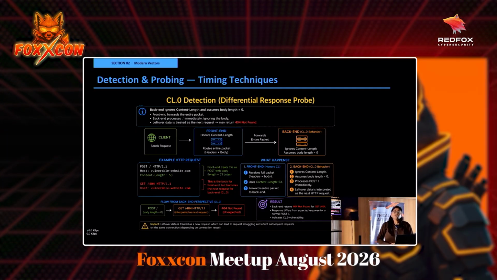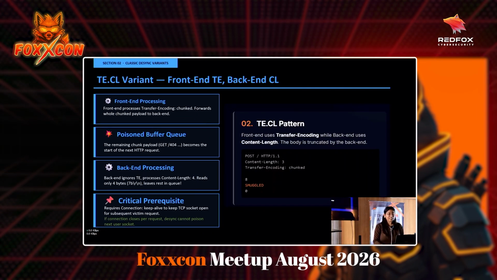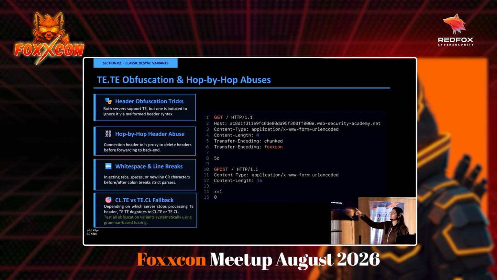Okay. So overall, if you observe, all this mess is because of different mechanisms used by different servers, right? One is using TE, the other is taking the next TE, getting confused using content length.